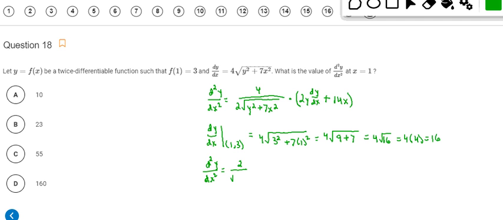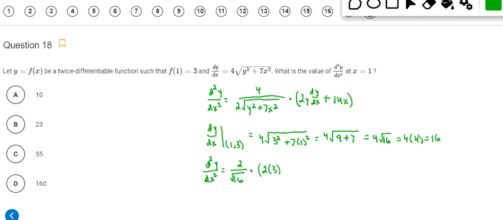I'll just go ahead and put it as the square root of 16. And that's going to be times 2, y is 3.